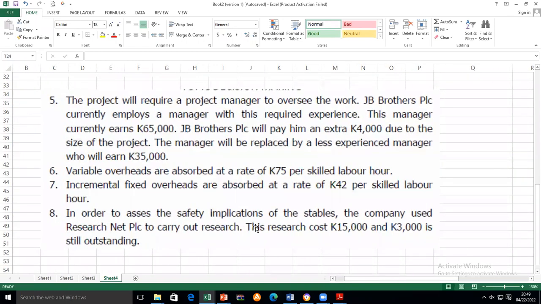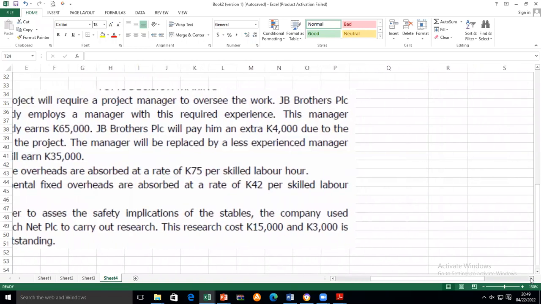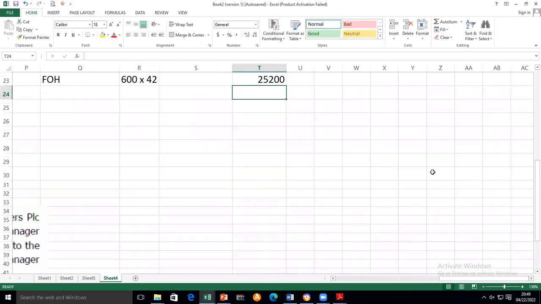In order to assess the selling implication of the stubbles, the company used ResearchNet PLC to carry out research. This research cost 15,000 and 3,000 is still outstanding. What do we call the 3,000?